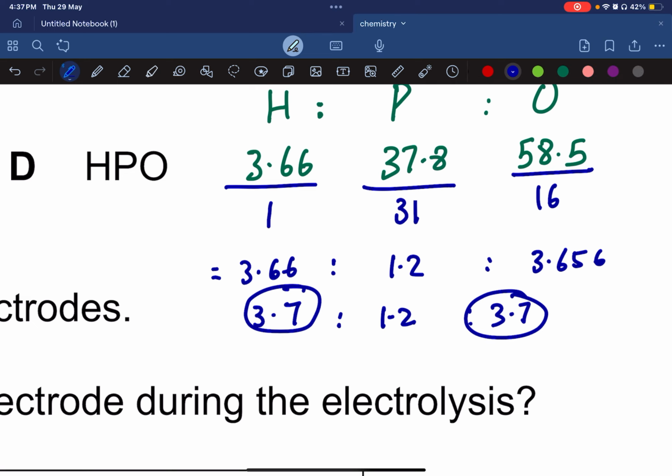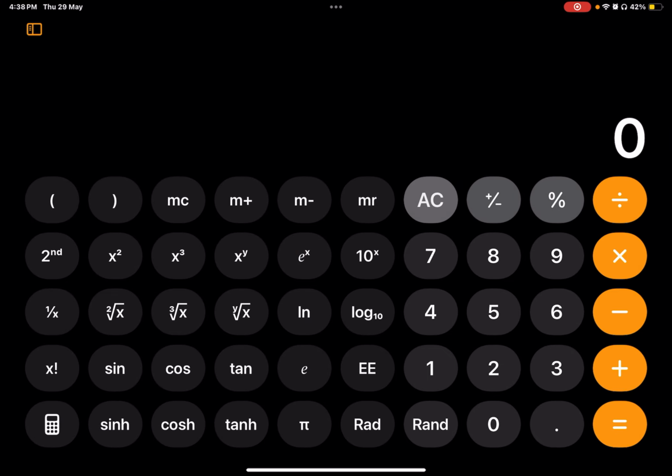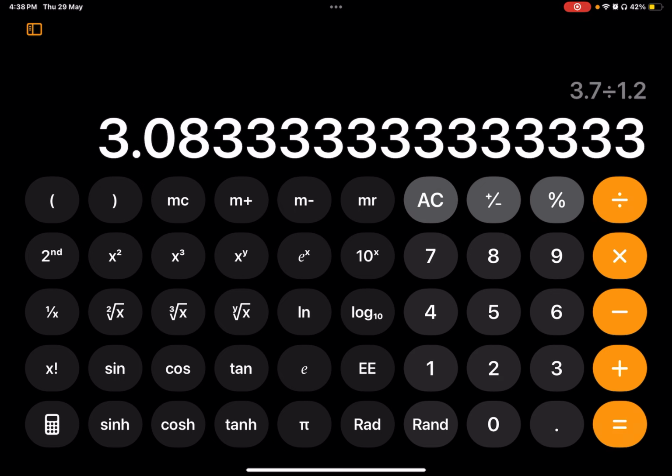Now the next step is to divide each number by the smallest moles. The smallest we get over here is 1.2. So we divide everything by 1.2, and over here the answer is going to be 1 for sure, but 3.7 divided by 1.2, let's check it out, gives me 3.08. I just take it to one decimal place, which turns out to be 3.